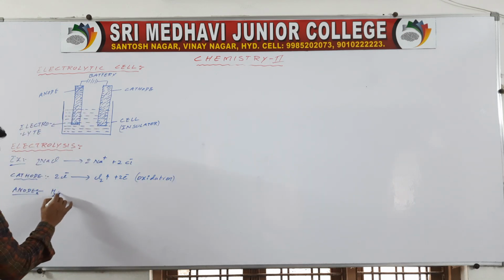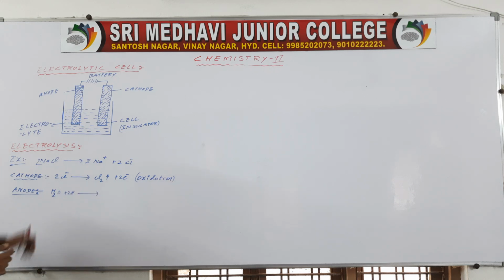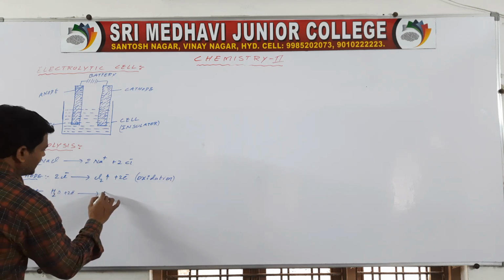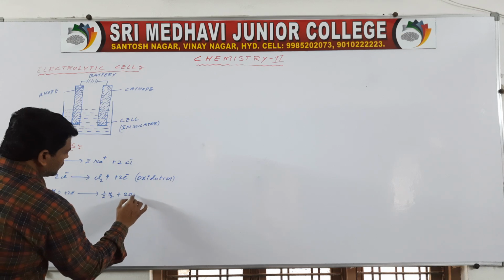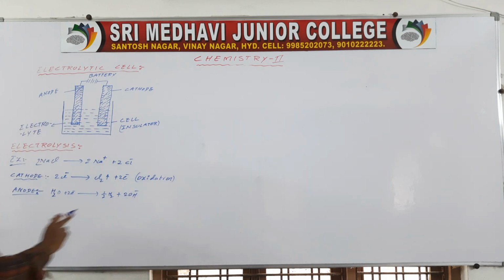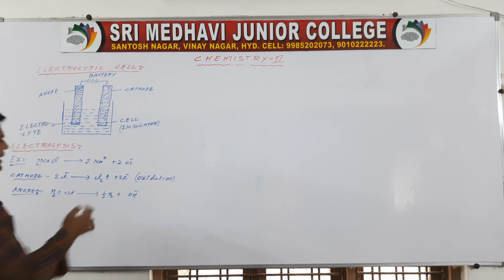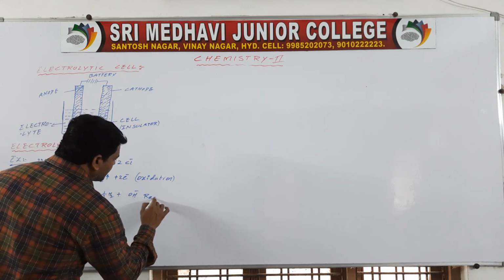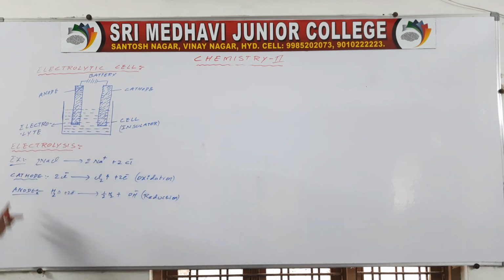Then H2O, adding 2 electrons, releases half H2 plus 2 OH minus. It is half H2 and OH minus, so 2 hydrogens, 1 oxygen, OH minus. It is nothing but a reduction.